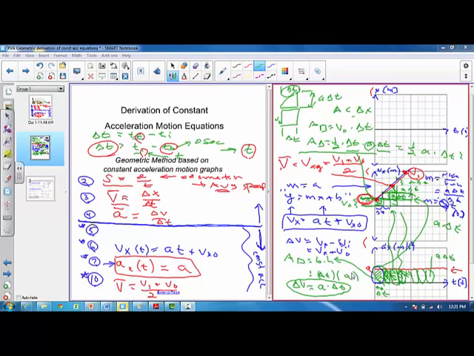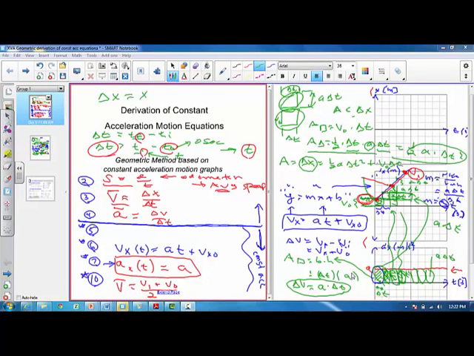I'm going to erase some of this down below us here to give some room. We get the area, which is delta x, a change in our position, equals 1/2 a delta t squared. That's for this portion, the triangular piece of this, plus this bottom piece, which is just v naught times delta t. Of course, we can re-represent delta x as we did before.